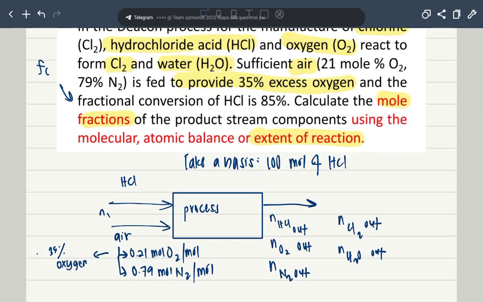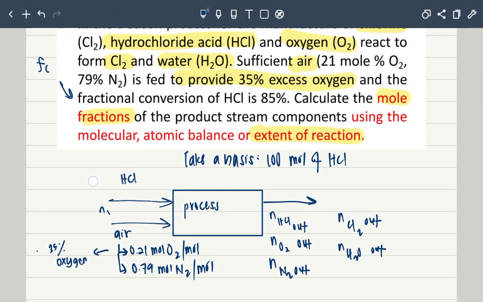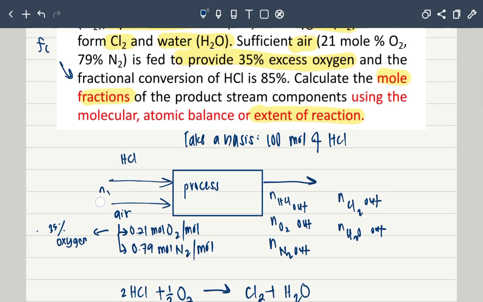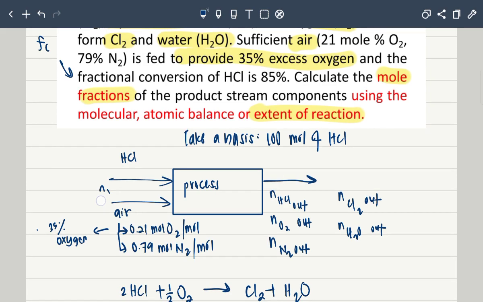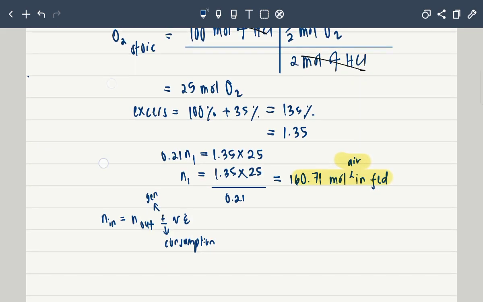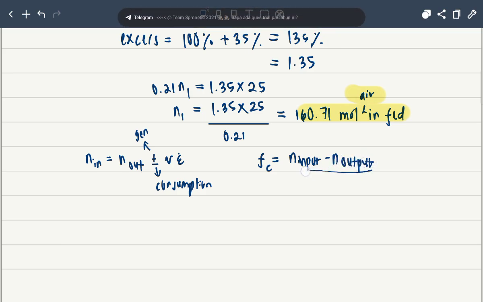And then dia kata fractional. Sebelum kita start nak buat tu, kita cari je lagi apa yang boleh settle. Dia kata fractional conversion of HCl is 85%, which is equivalent to 0.85. As I said tadi, dia punya formula is FC equals to N input minus N output over N input. Okay, tadi input dia berapa?